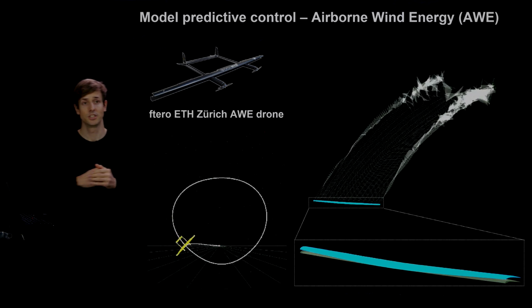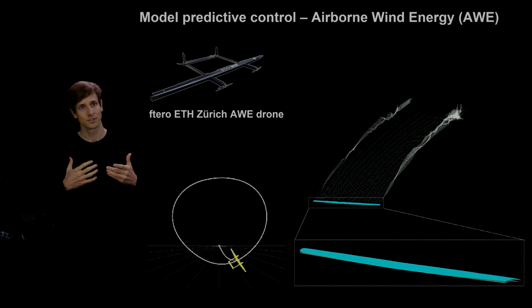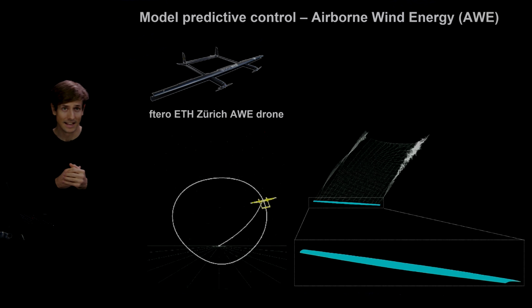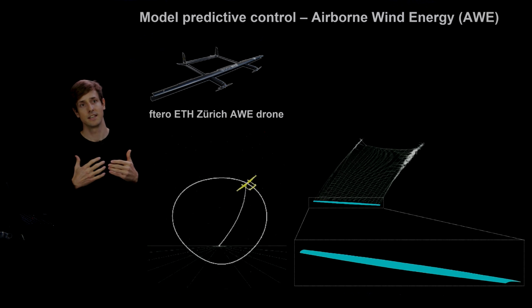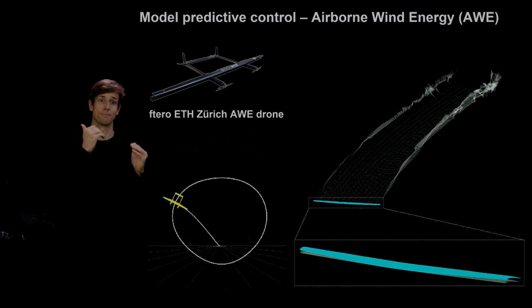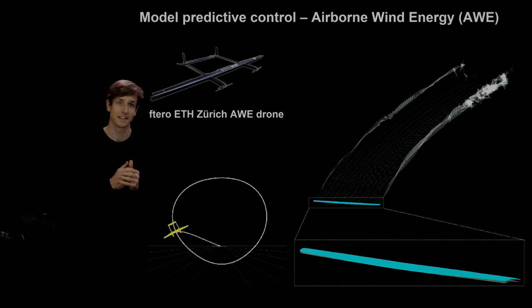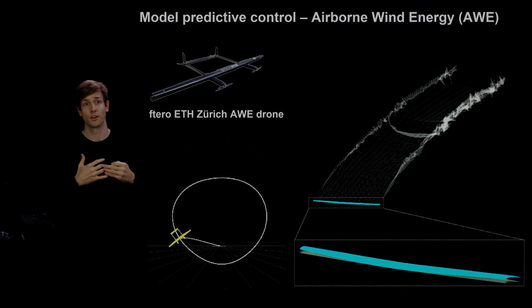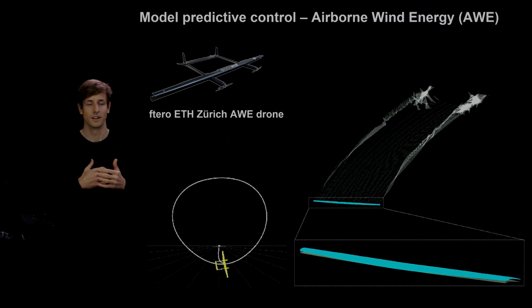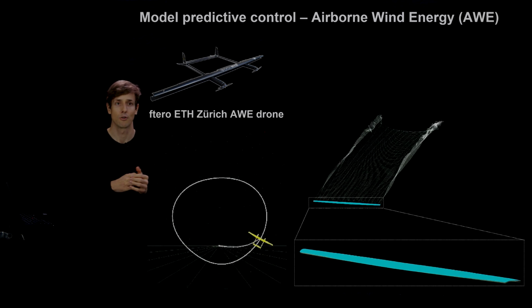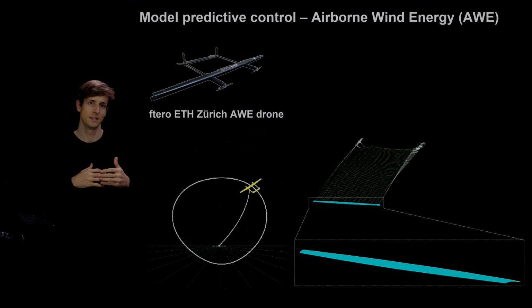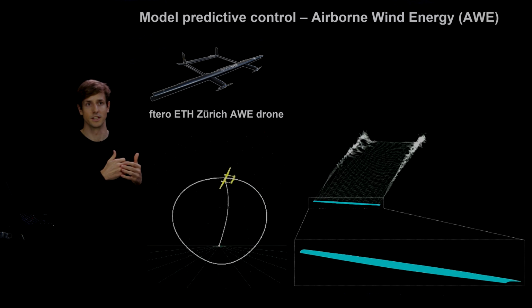An airborne wind energy drone is basically a tethered drone that is used to harvest wind energy. The idea of using this ADMDC model predictive control is to be able to fly closer to the maximum wing loading and closer to the maximum tether loading, so that we can improve the performance of this airborne wind energy system. And in our paper, we show that we can indeed reduce gust peaks of such an airborne wind energy drone.